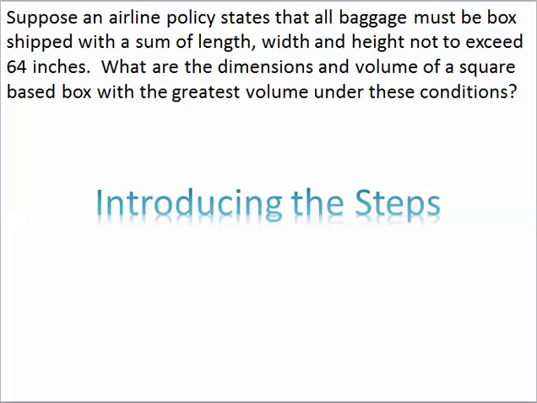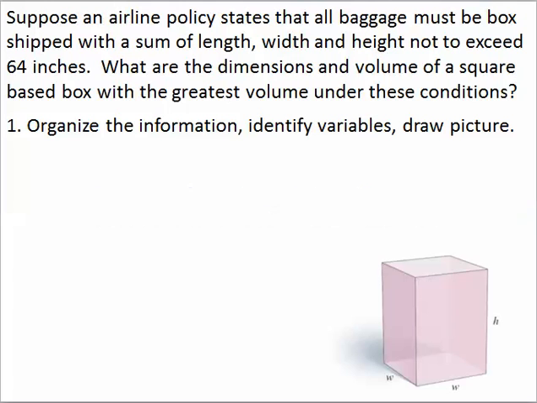Let's introduce the steps of optimization. You don't have to follow these steps, but it's a nice rule of thumb. So read the problem and then let's get started. Your first step is to organize the information, identify variables, and draw a picture.